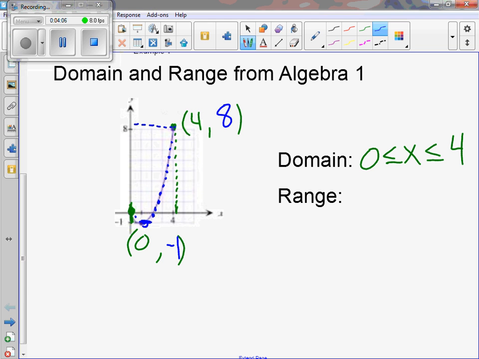So we get -1 less than or equal to, because there's a point there. The range is always your y values. That's less than or equal to, and there's a point at the y value of 8. So this is telling us our range is between -1 and 8 in our whole graph.